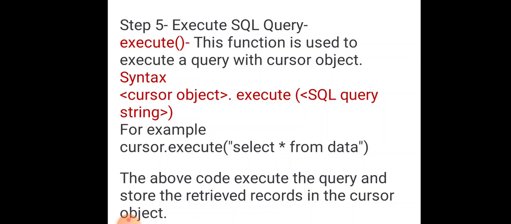For example, we have already created the cursor object named cursor, cursor.execute, and we are passing the query select asterisk from data as a parameter in the execute function. The above code will execute the given SQL query and store the retrieved records, that is the result set, in the cursor object named cursor, which you can use in your programs as per your requirements.